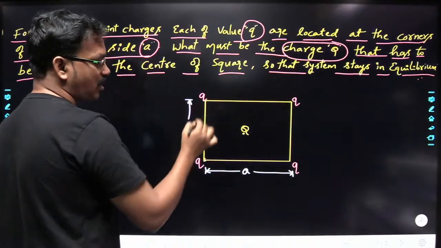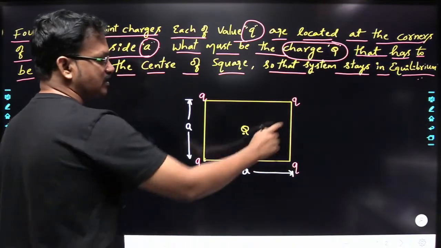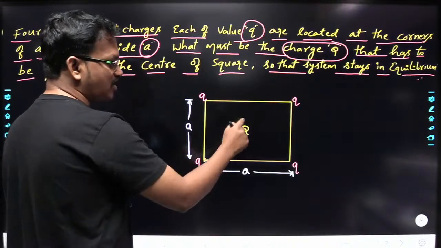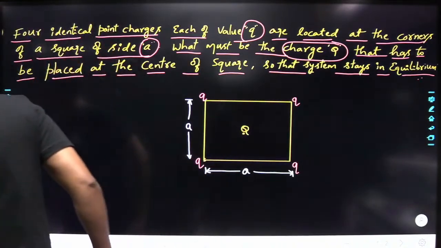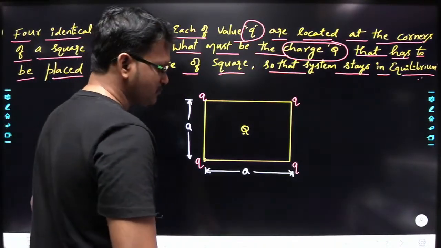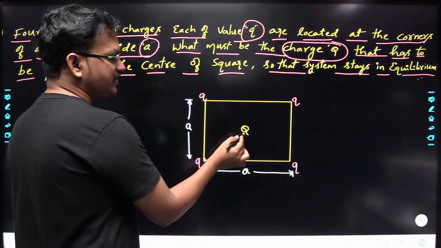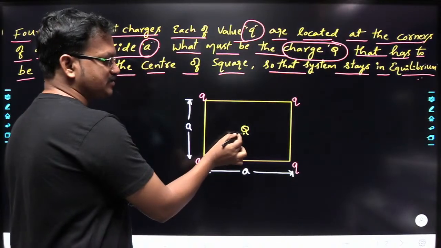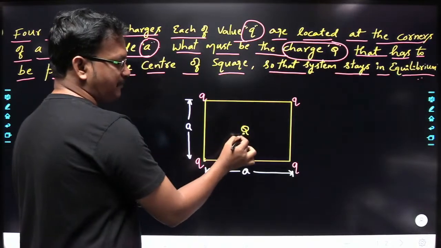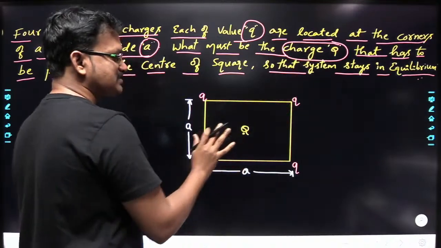These are the 4 identical point charges that are placed at the corners of a square. Now they are asking what must be the charge capital Q that has to be placed at the center of a square such that the system stays in equilibrium.